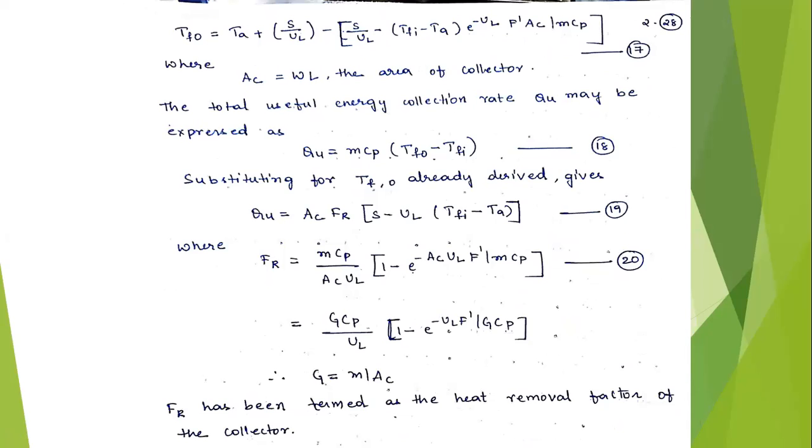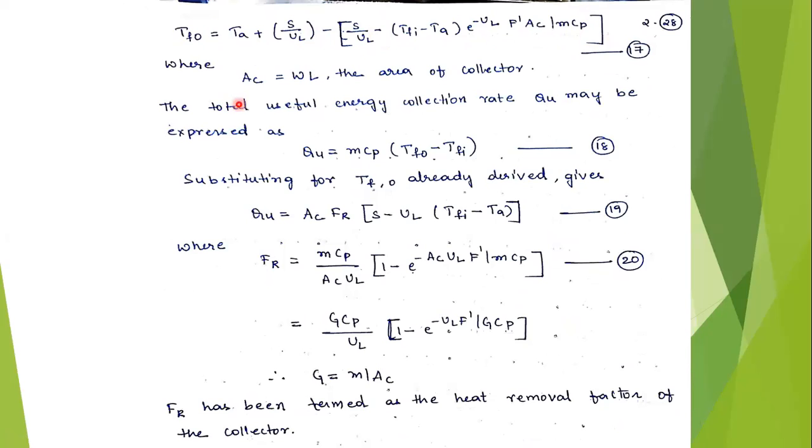After substituting, we will get Tf naught is equal to Ta plus S by UL minus (S by UL minus Tfi plus Ta) e power minus UL F dash Ac by m Cp. So this is the 17th equation.